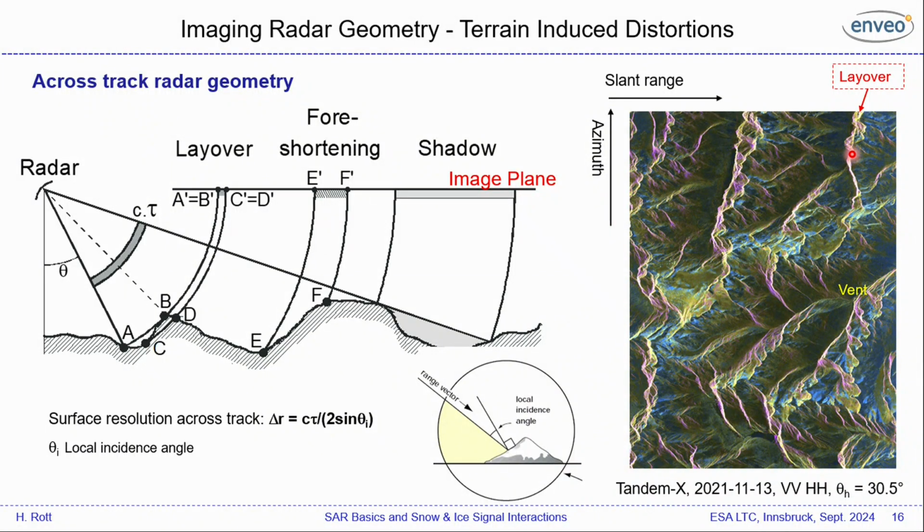And the signal is very high because a pixel has, on one hand, close to specular reflection and also the signal of a much larger area which is compressed. This is a typical layover, and of course this is not so nice, and if you want to get all the information in the mountains, you need observations from different orbits, ascending and descending orbits. This, by the way, is an image with horizontal incidence angle at 30 degrees.